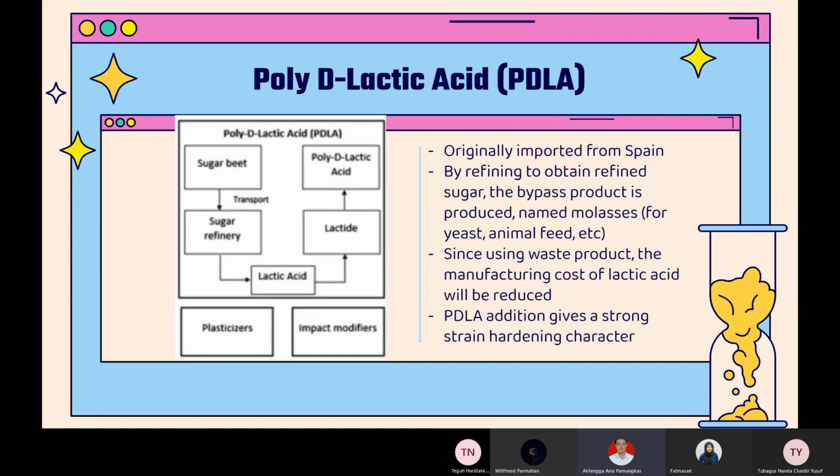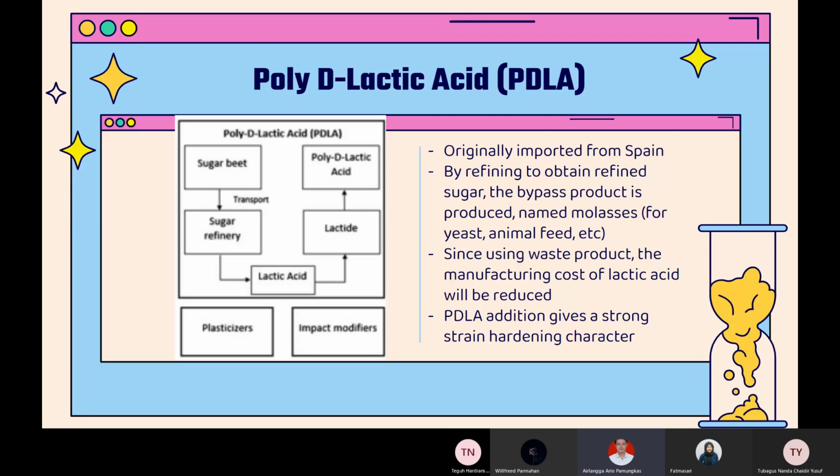The second thing is poly-D-lactic acid, or PDLA. PDLA is imported originally from Spain. Different from PLLA, PDLA is made from sugar beet and processed through sugar refinery. In sugar refinery, the main objective is to refine white sugar, and then there is a byproduct called molasses.